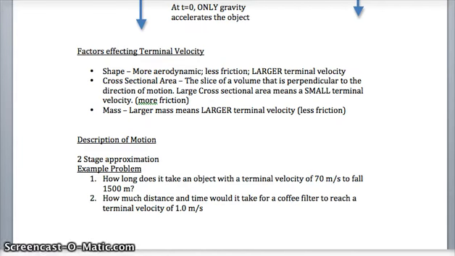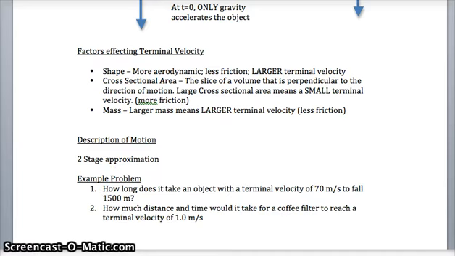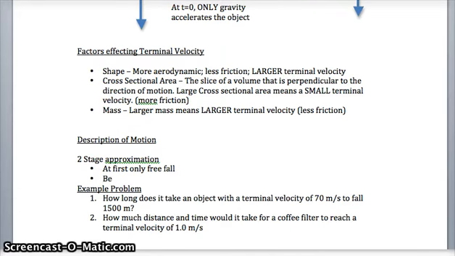But it's a really, really good approximation to assume that at first you have only free fall. So you can ignore terminal velocity and friction entirely until you reach terminal velocity. And then beyond terminal velocity, you have constant velocity.